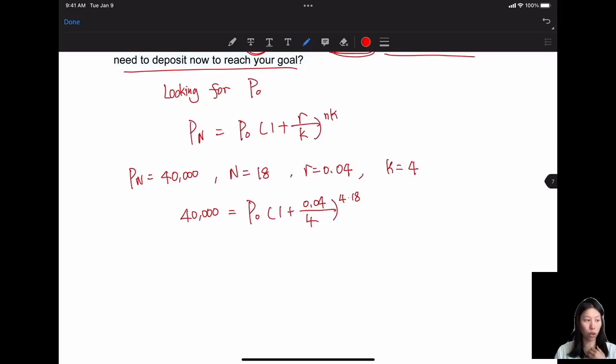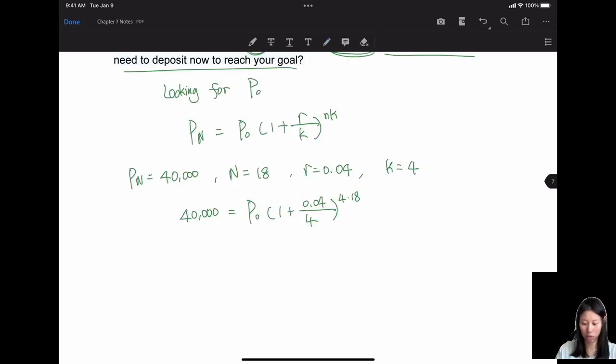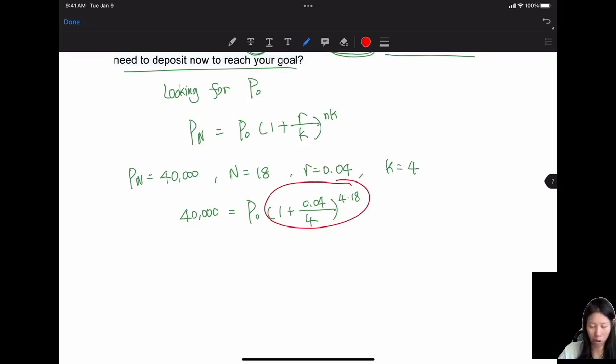First of all, you need to use a calculator to calculate this part. I think you will know how to use a calculator, so I'm not going to show it here. This part equals 2.0427, equals P sub 0.